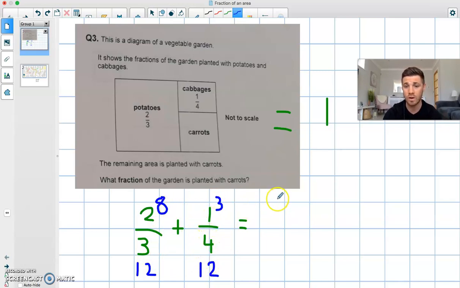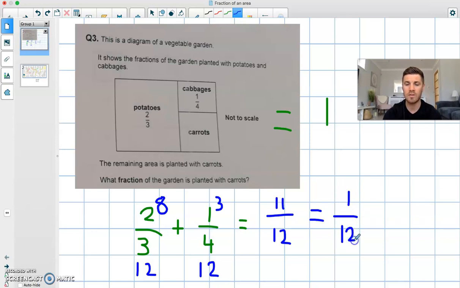So 8 plus 3 is 11, and always remember that the denominators stay the same. So these two fractions added together give me 11/12. So my missing fraction is 1/12. Why?